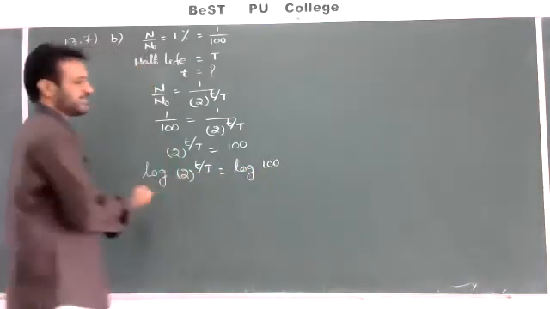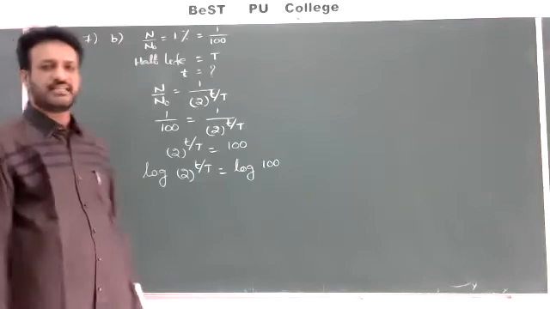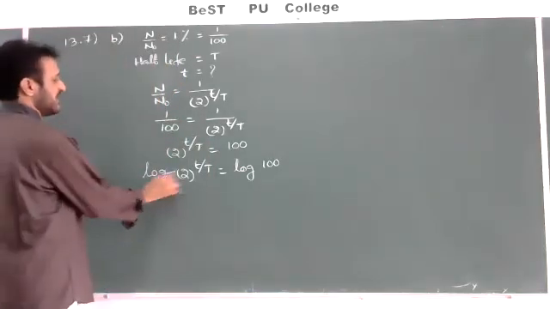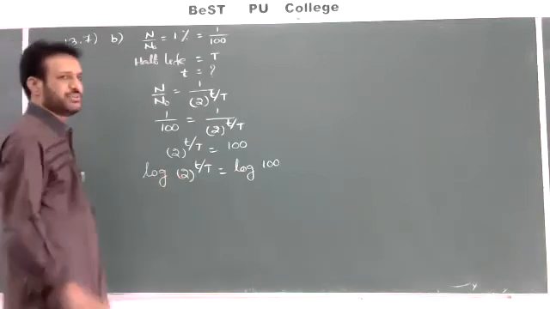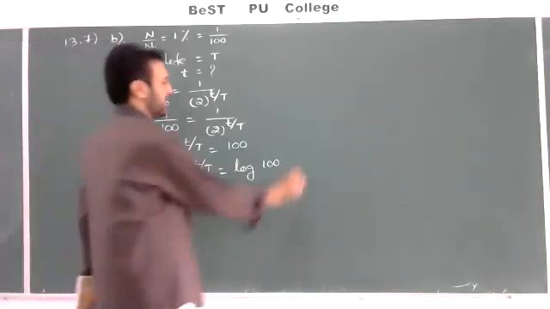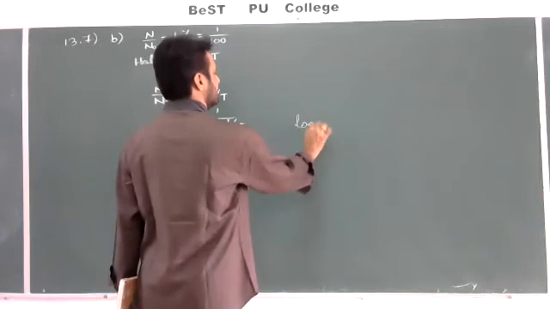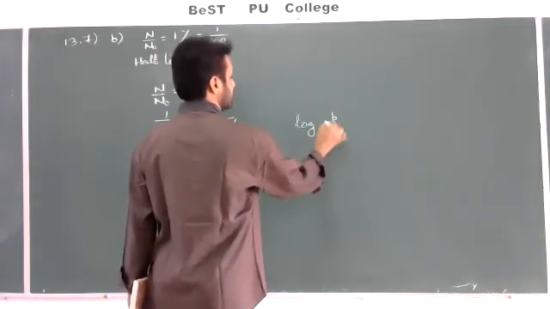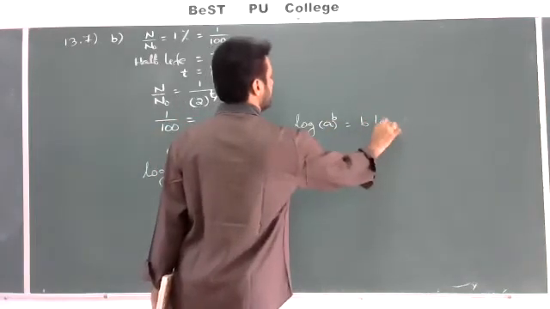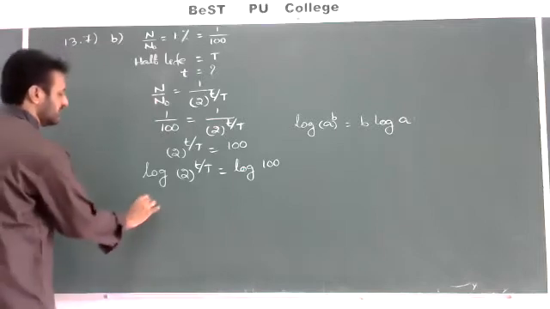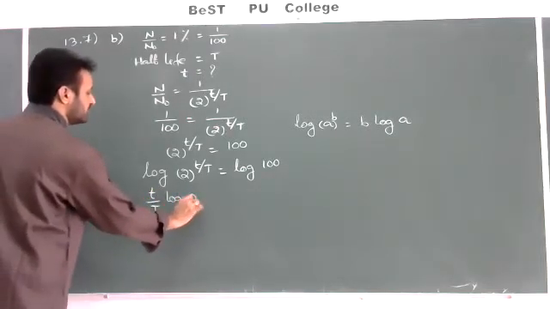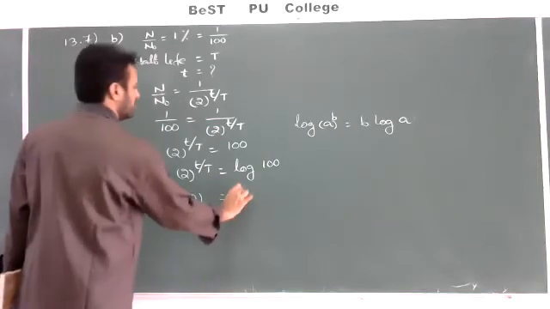If you take base 10 or e on both sides, the total meaning will not be changed. But log a to the power of b is equal to b into log a. Using this formula, the same way you should write here: small t by capital T into log 2 is equal to log 100.